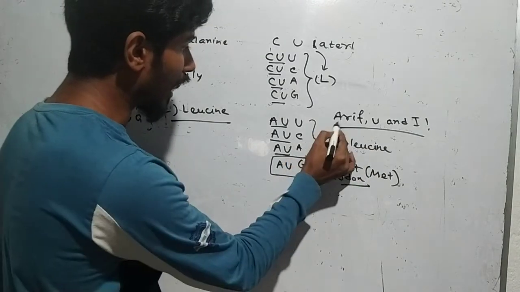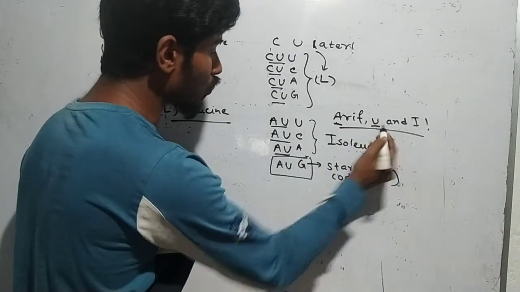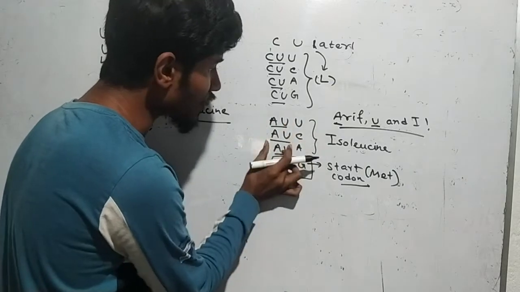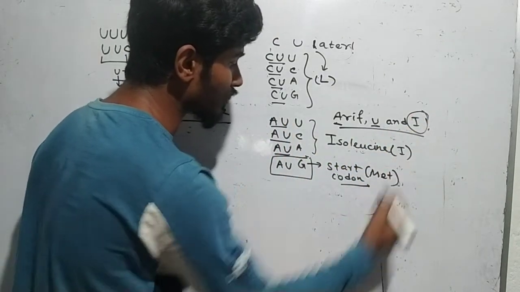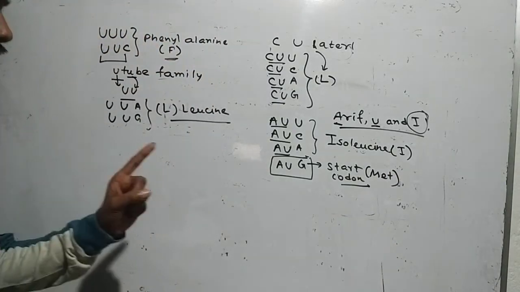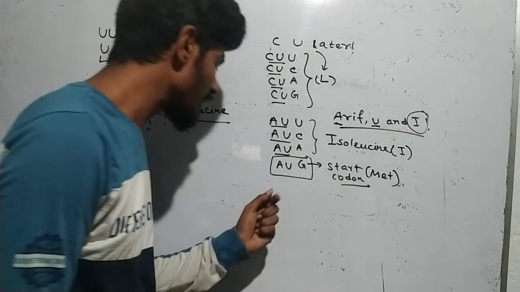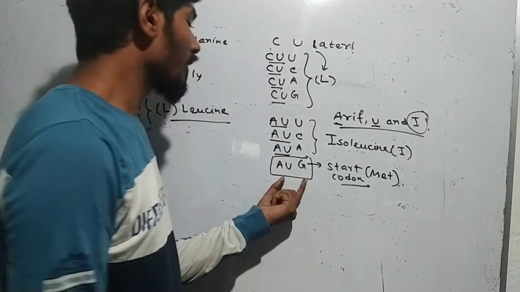Okay, so Arif means A, and you, whenever there is AU, you will see that you will have this I, that is isoleucine.